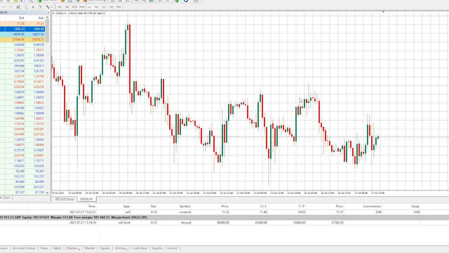And the answer is gold is only a safe haven typically from inflation fears. The fears today were not about inflation. The fears today were about China cracking down on the tech industry. They were about maybe some of the numbers weren't as good as expected, etc. So there were some economic fears, not necessarily inflation fears.